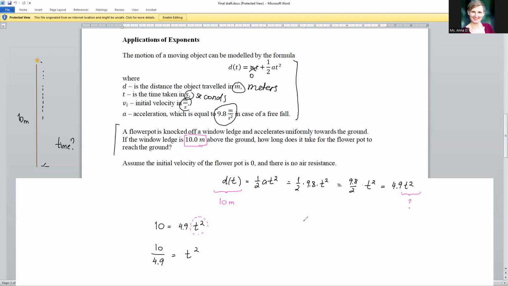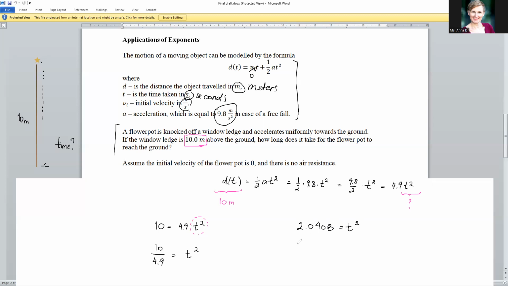And try to keep it fairly accurate, because time is small and it makes a big difference to use accurate numbers. When I divided 10 by 4.9, I got many digits. So the more the better, because the more accurate your result will be.